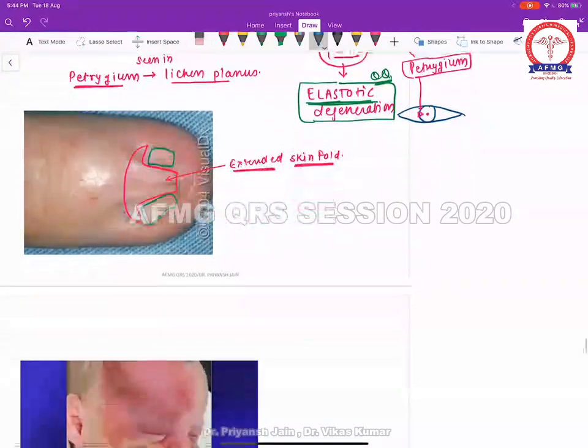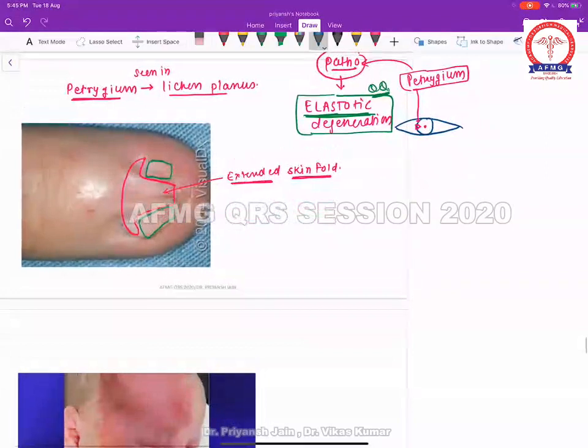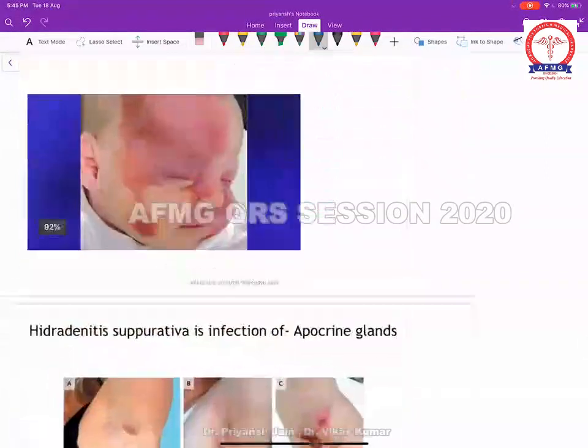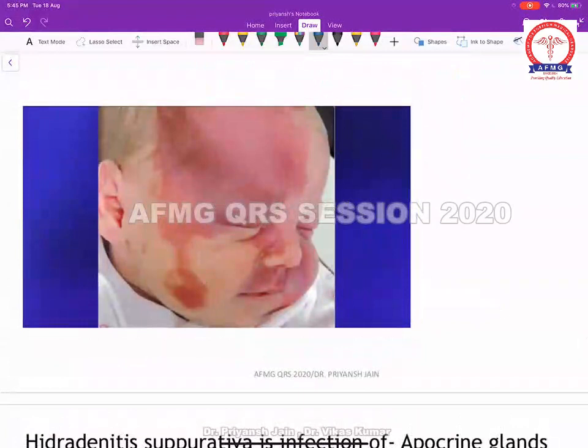Next, this is a port wine stain. This port wine stain is basically due to capillary vascular malformation.